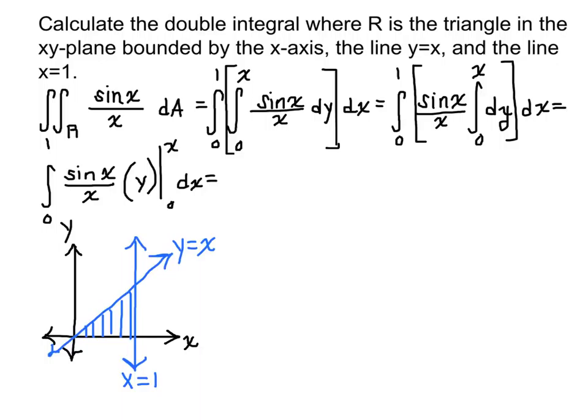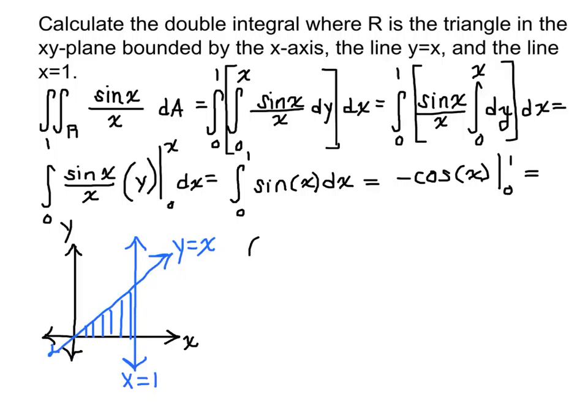Okay, so when we look at this, we can see that when we evaluate y from x to 0, it's going to be x minus 0, which is x, and it's in the numerator, and it cancels out with this x. So we end up with the integral from 0 to 1 of the sine of x dx, and of course the x in the denominator is gone. The antiderivative of the sine of x is the negative cosine of x, evaluated from 0 to 1.